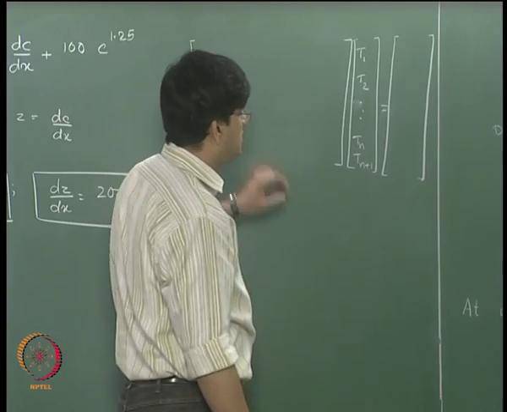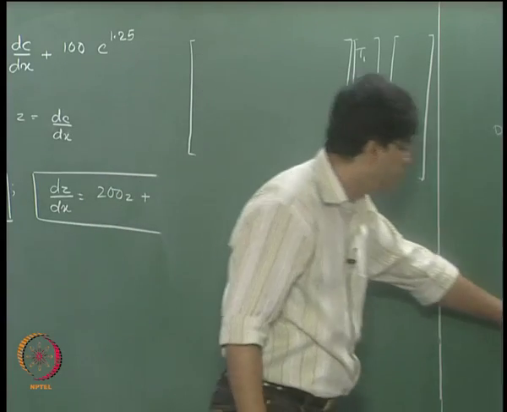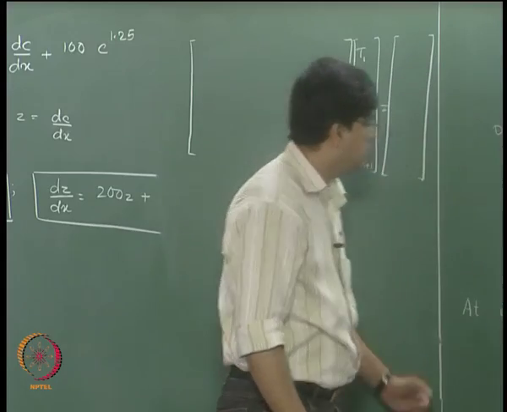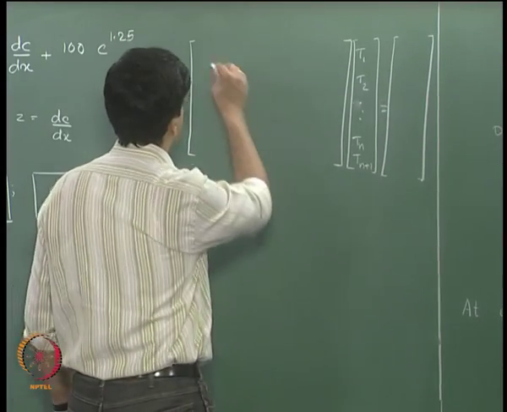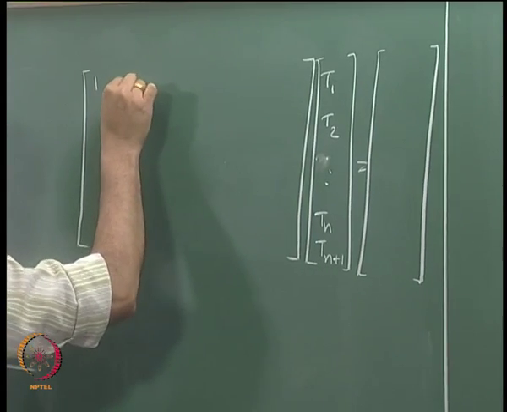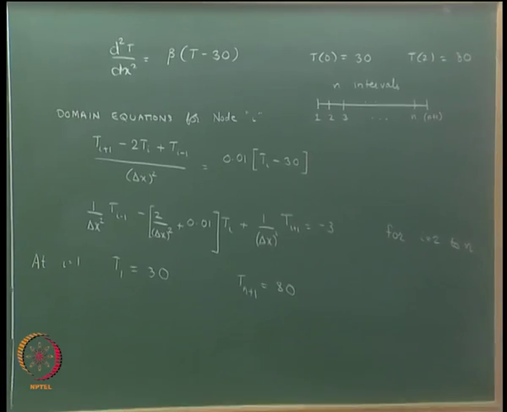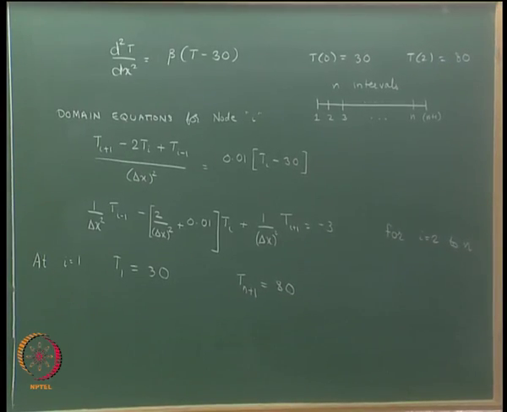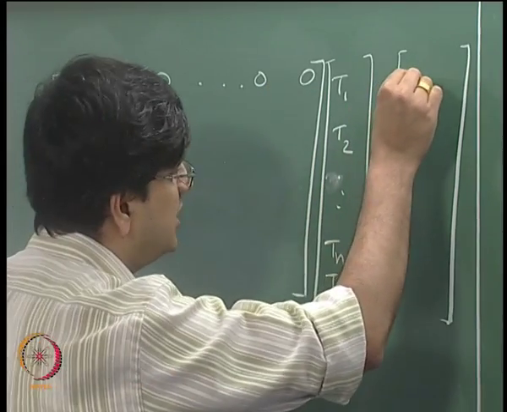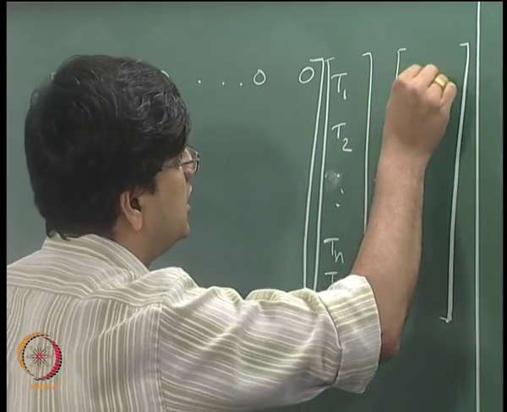The first equation we said was T1 equal to 30, that was our first equation. So, with the equation T1 equal to 30, we will write it as 1 multiplied by T1 plus 0 multiplied by T2 plus 0 multiplied by T3 and so on up to 0 multiplied by Tn and 0 multiplied by Tn plus 1, equal to 30.